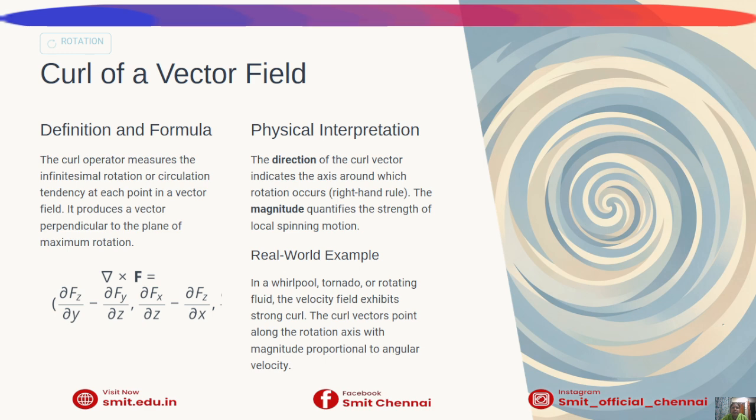Real world examples include whirlpools or tornadoes, where velocity fields exhibit strong curl proportional to angular velocity. The formula is del cross F equals (dFz/dy minus dFy/dz), (dFx/dz minus dFz/dx).